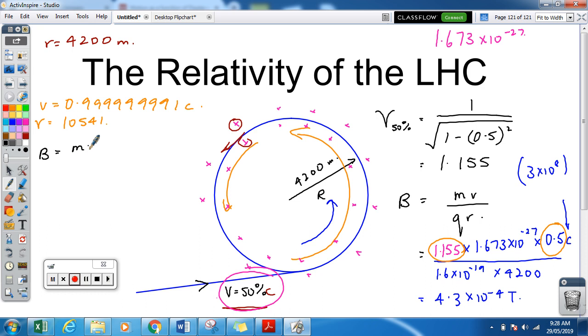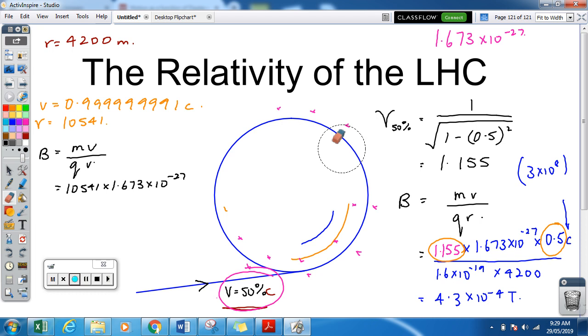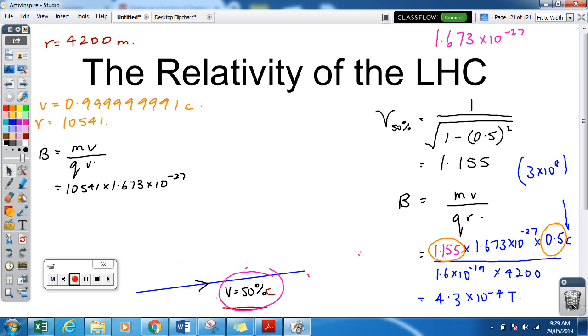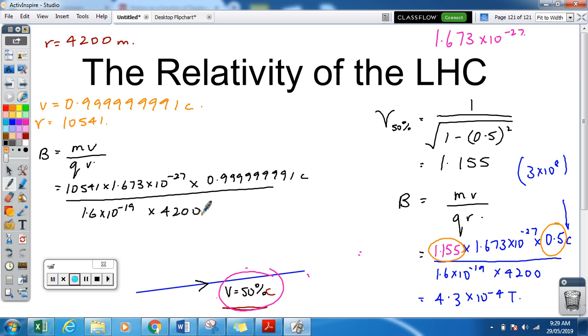The formula as before is exactly the same. The mass of the proton now is not simply itself, it's 10,541 times its original rest mass, times 10 to the minus 27, times the speed of light, which is 0.923456781c, all over its charge and the radius that it's now traveling.